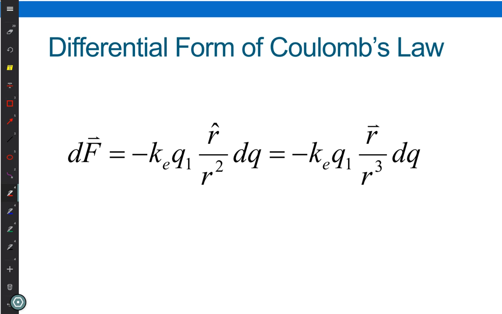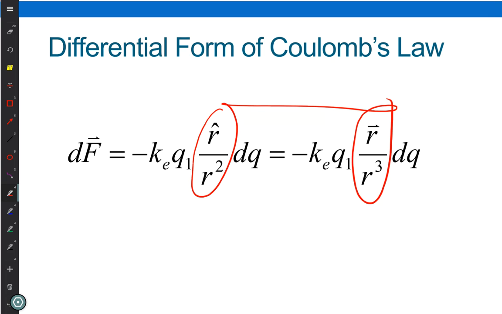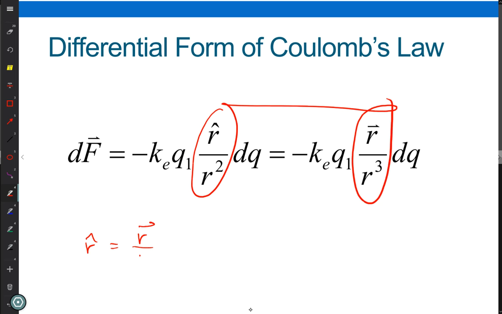Now, I wrote this with 2 variations. Those are exactly the same thing. Remember, r hat has a magnitude of 1 and the direction of r vector. So by definition, r hat is equal to r vector over the magnitude of r.